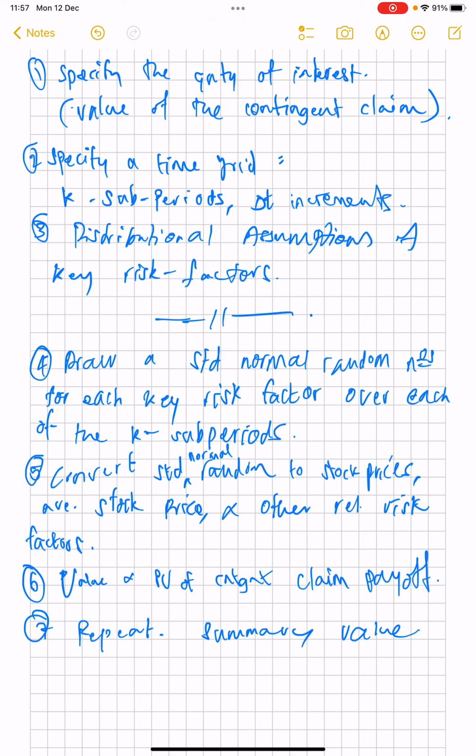You convert the standard normal random numbers into stock prices, and compute the value of the contingent claim, using the appropriate interest rate as of today when discounting to the present value. Then you carry out a series of repetitions to reach a calculated summarized value.